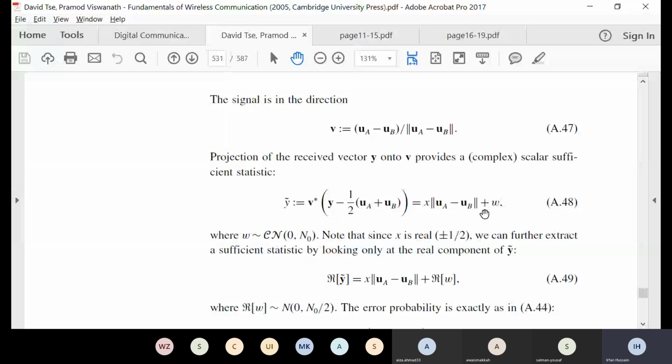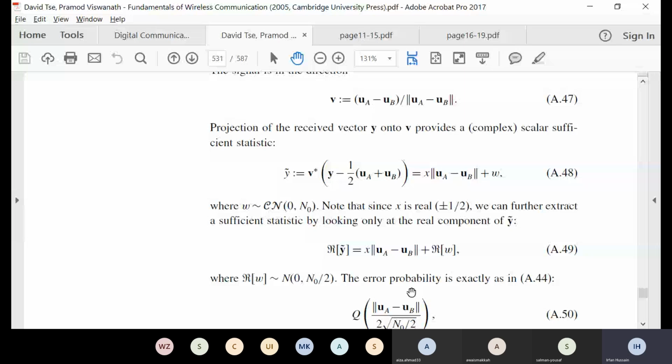If I take the real part on both sides, this becomes totally real, and I know its error is again Q of (ua minus ub) over 2 under root n naught by 2. Similarly, I can form the imaginary part, which will give the same value. If I combine the error on both sides, real and imaginary, assuming the errors are equally probable, I will get the total error as this value, same as I was getting in the real space.